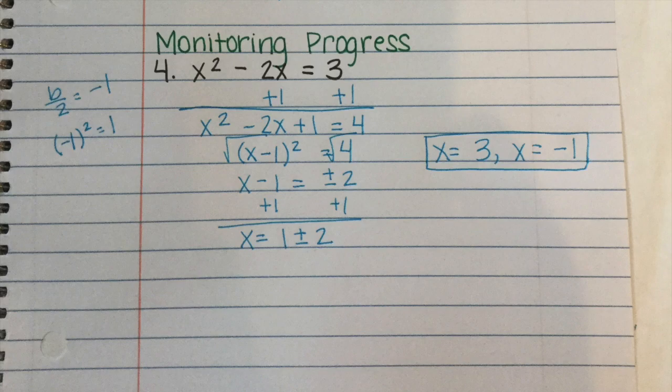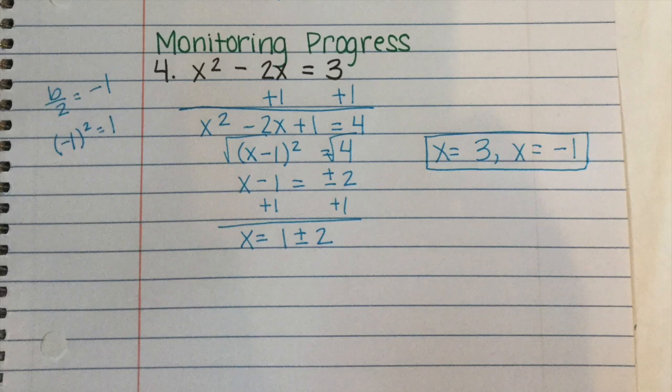Remember, we wanted to solve this equation by completing the square. So I had to take half of that middle x term, which was negative 1, and then square it, which was 1. So I then added 1 to both sides of the equal sign. From there, I was able to factor the left side of the trinomial into a perfect square.